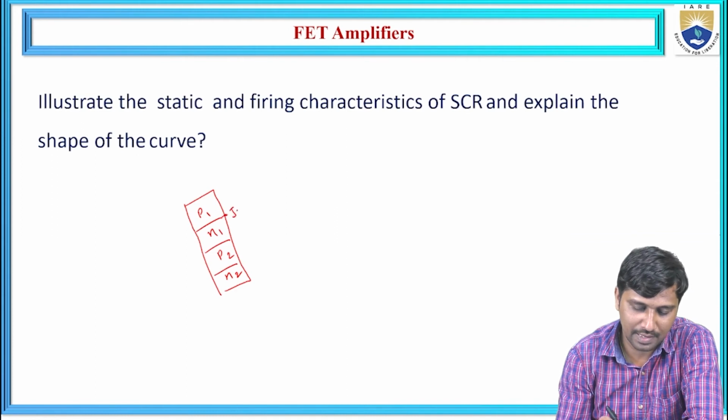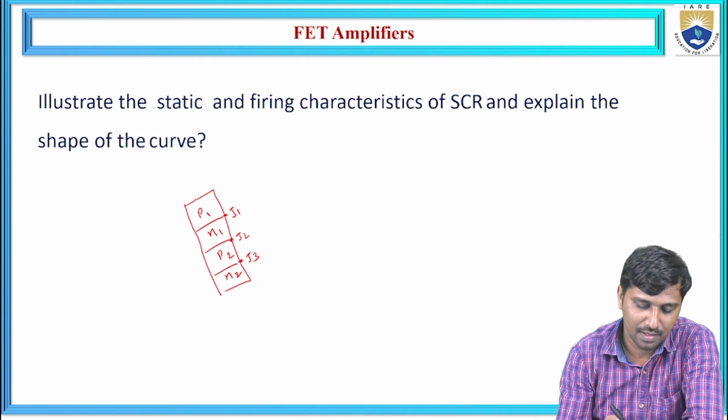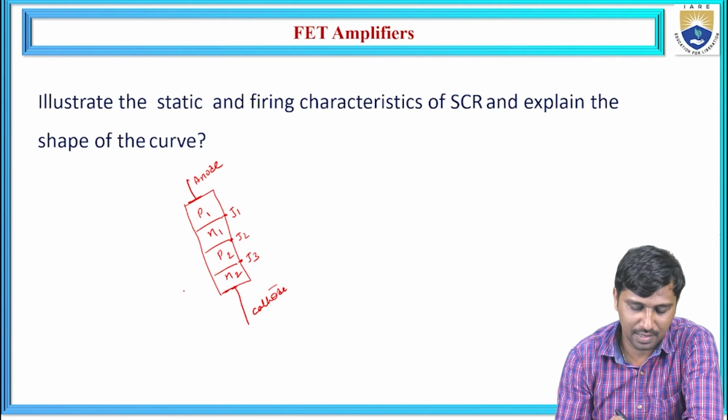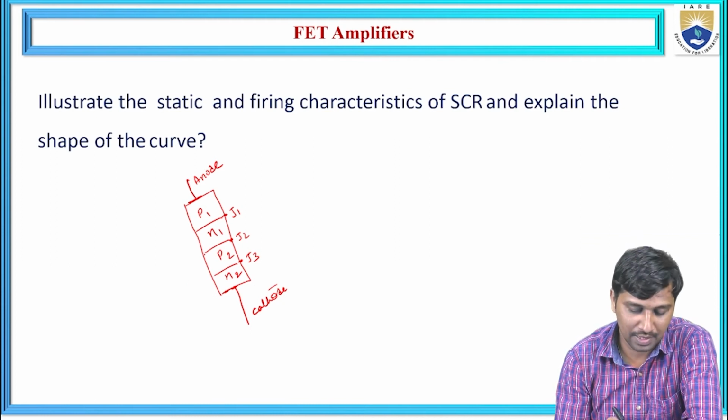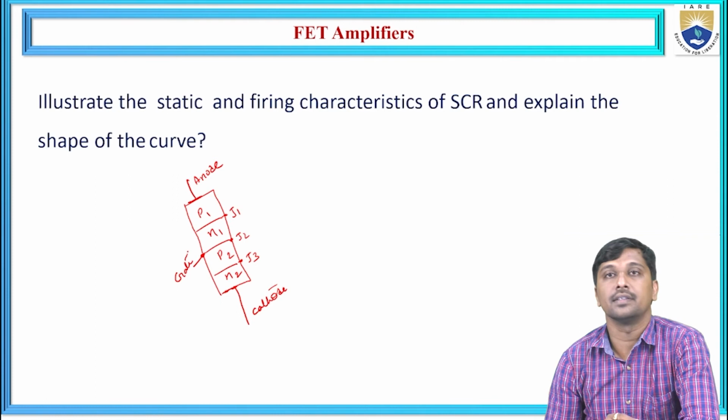It contains three junctions J1, J2 and J3. The P1 side is represented as the anode, the bottom of N2 is connected to the cathode, and near this junction we connect a terminal called the gate.